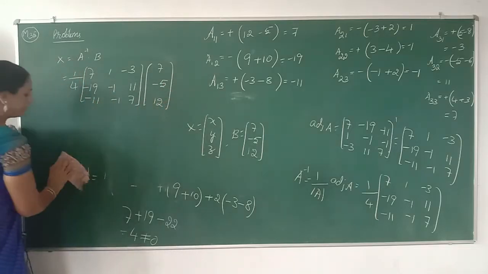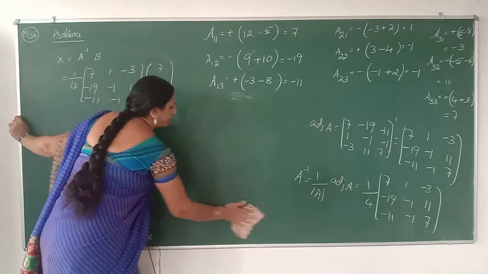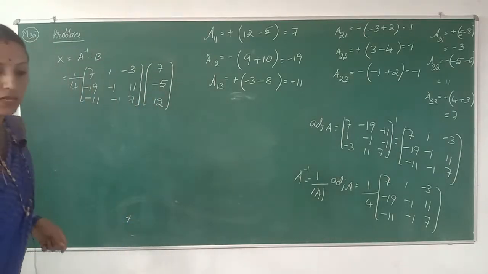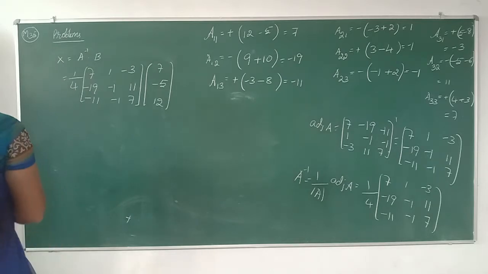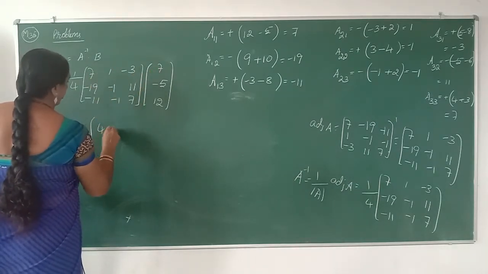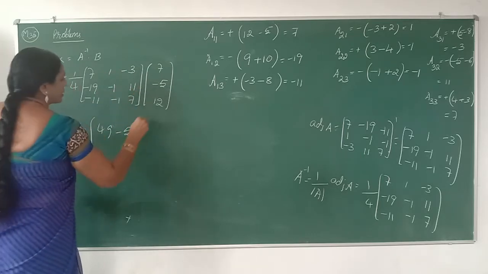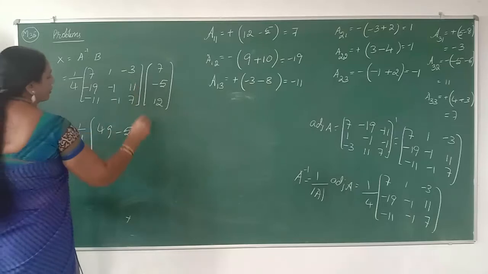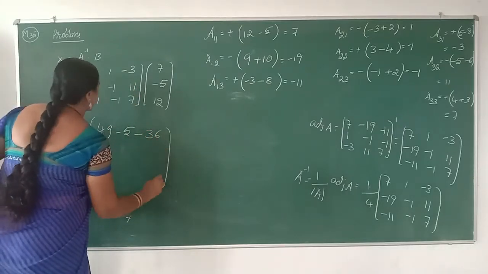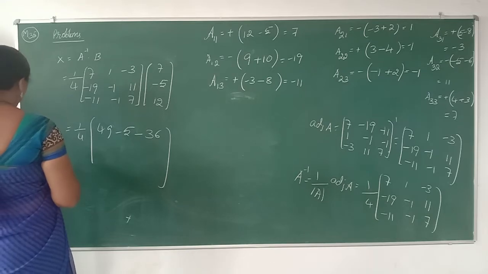It's multiplied with the corresponding elements of rows and columns. In first row, first column, 1 by 4 of 7 into 7 is 49. 1 into minus 5 is minus 5. Plus into minus is minus. 12 into 3 is 36. Second row 19 into 7.